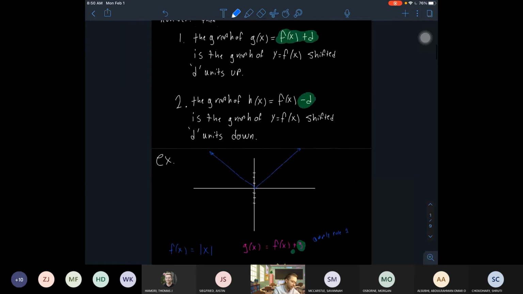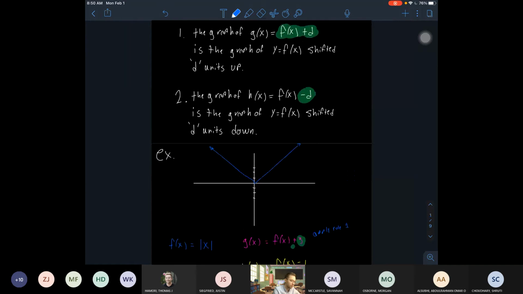Rule 1 said that the graph of g of x equals f of x plus d is the graph of y equals f of x shifted d units up, and here d is 3. So I'm going to go up 3 units, and I'm just going to redraw the graph. It would look something like this. I just shifted it 3 units up.